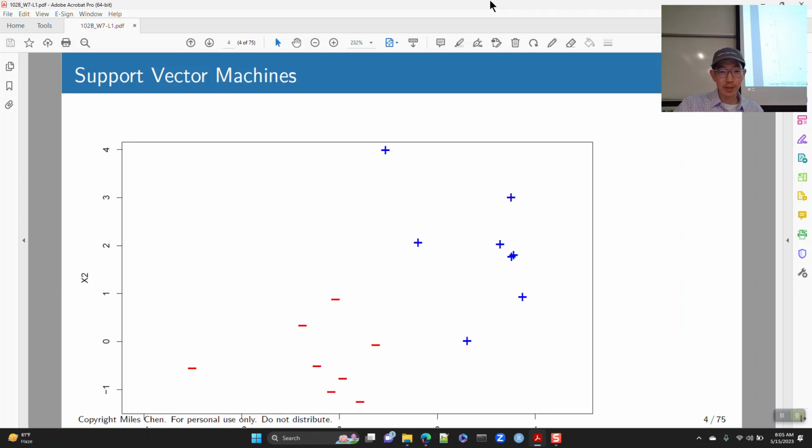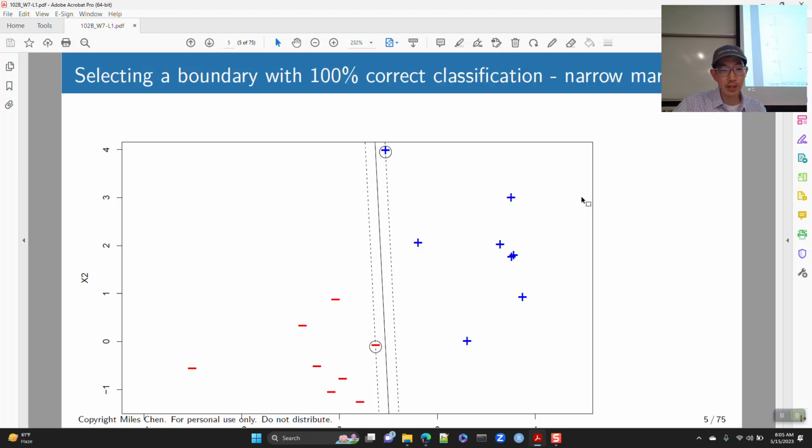Okay, so imagine I have these 2 clouds of points. I have the red points, which are shown with minus signs, and I've got the blue points, which are shown with plus signs. And can I draw a pair of parallel lines? Okay, and so if I were to draw a line like this, how far apart can I put the dashed lines?